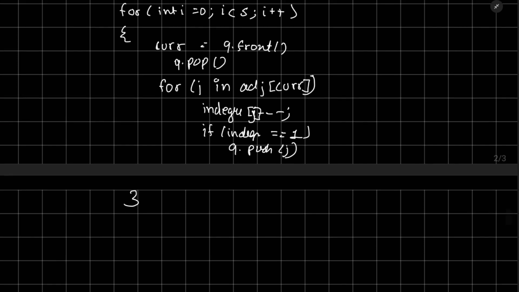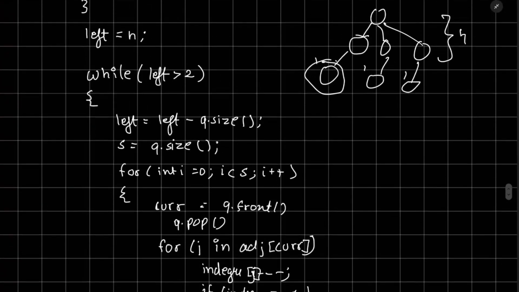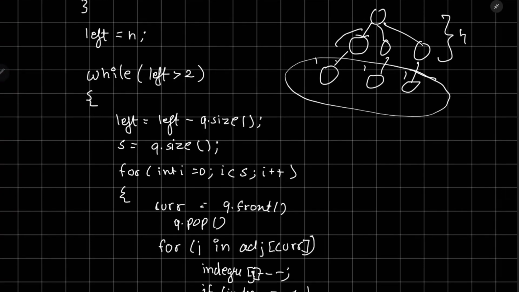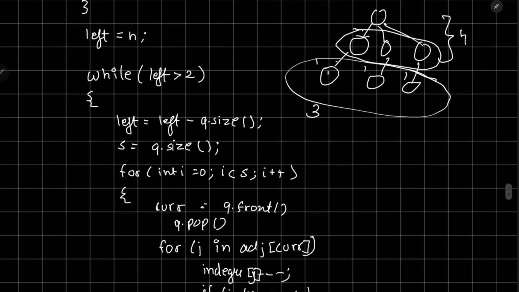Okay, now we'll move to the next phase, that is when we remove these nodes. Now we are left with these nodes in the queue. Our size was 3, so we have removed only these 3. Let's name them as 1, 2, 3, 4, 5, 6. Initially our queue contained only 1, 2 and 3.